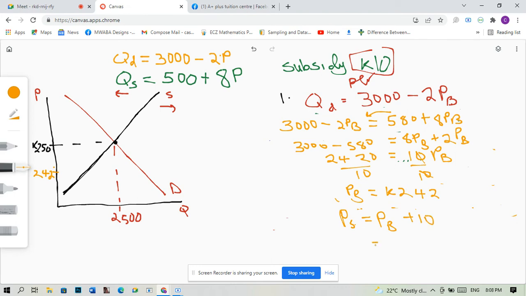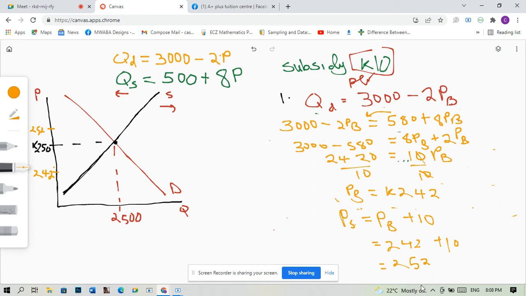And our PB was 242, so we're going to say 242 plus 10, and we get 252, right? So now, remember the suppliers were receiving 250 kwacha, now they're receiving 252 kwacha.